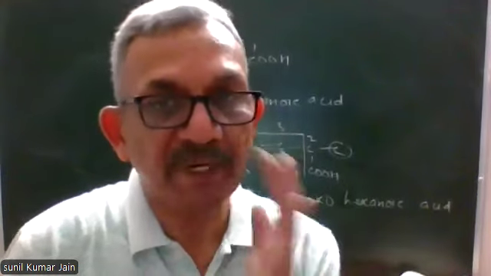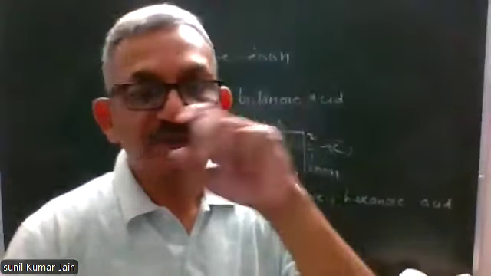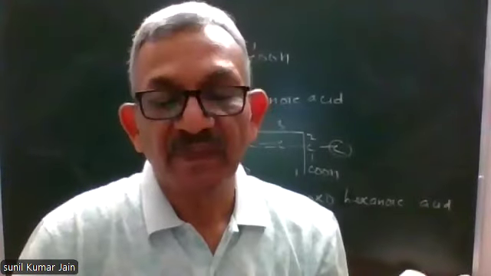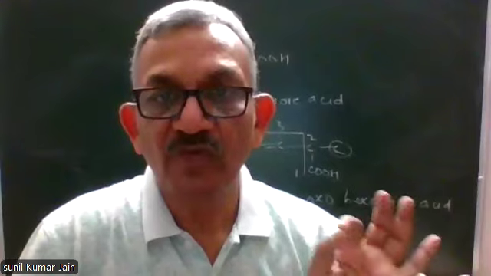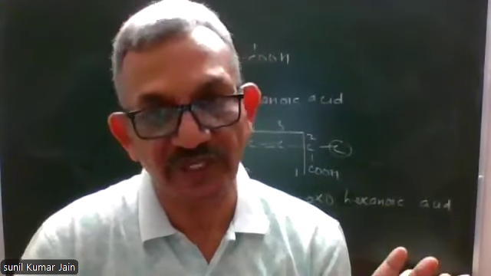But if it is not a part of the longest chain, then what do we do? If the CHO group is not a part of the longest chain, then the prefix formyl, F-O-R-M-Y-L, is used for it.